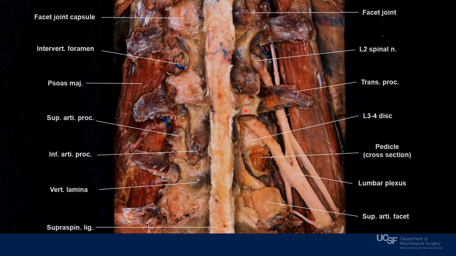There are three segments during the exit of this nerve root. The most medial segment is the retrodiscal segment, then the parapedicular segment, and the intervertebral foramen itself. Anterior to the transverse process and protecting the lumbar plexus, we can find the psoas major muscle.